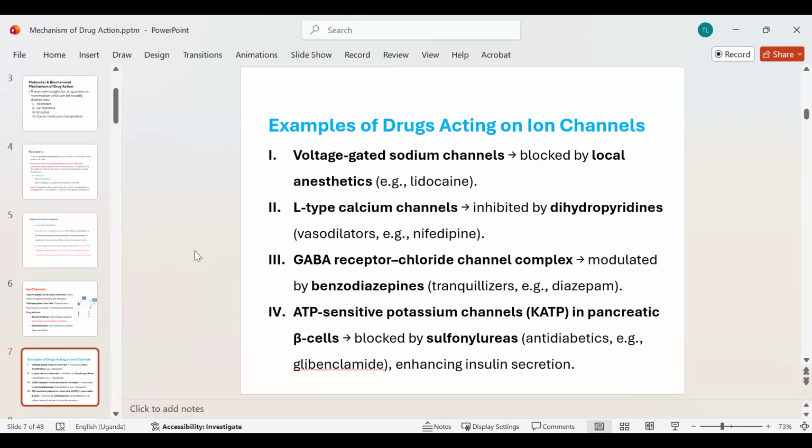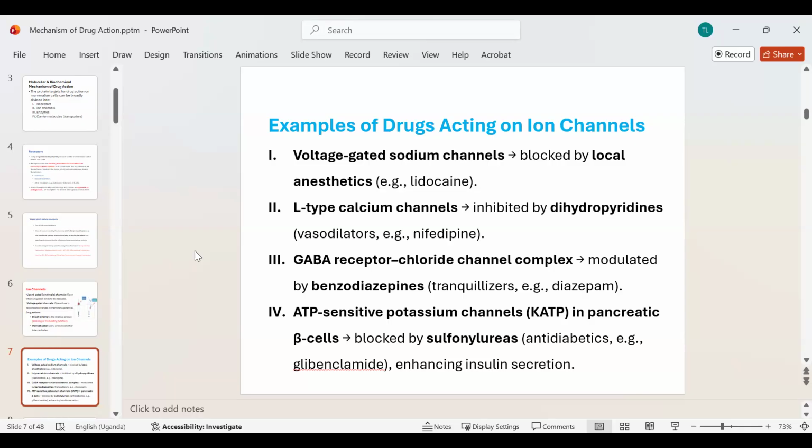Then we also have the GABA receptor. GABA is a chloride channel. What usually happens is that the drug comes and binds to GABA, and then it opens up GABA.